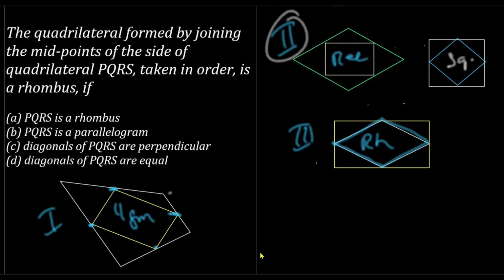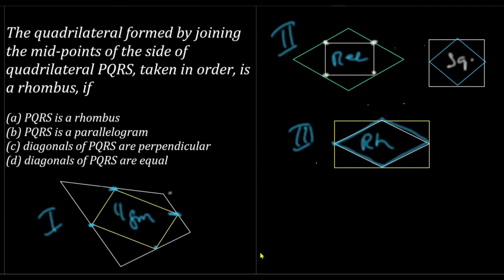Now coming to the next, you should know that the line joining the midpoints of the sides of a rhombus will give you a rectangle. So if the outside is a rhombus and I join its midpoints, we obtain a rectangle. Now third, you should look into the converse of that.